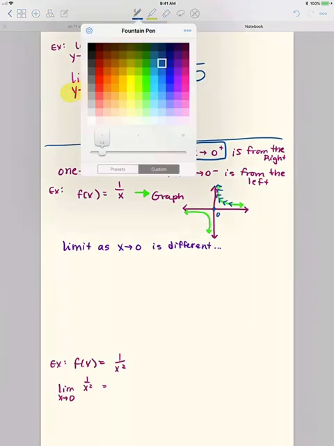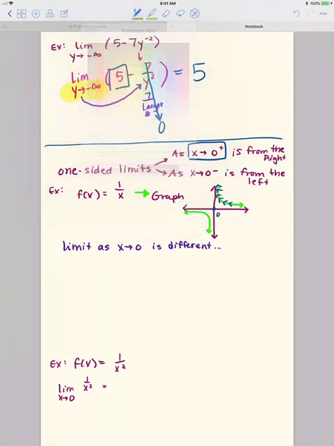If I approach 0 from the left, that's going to have a little superscript of a negative sign, and that means from the graph I'm coming in from the left and seeing what happens to the graph. So be careful with the directionality of this, but from the right approaches it from the right side of the graph, and from the left approaches it from the left side of the graph.